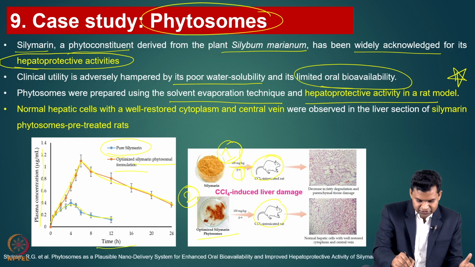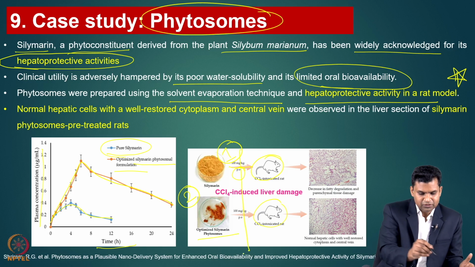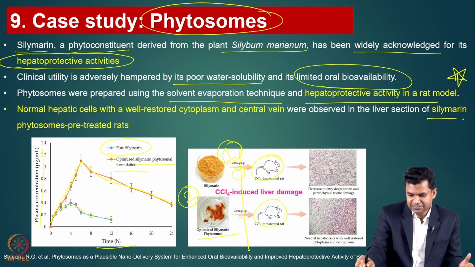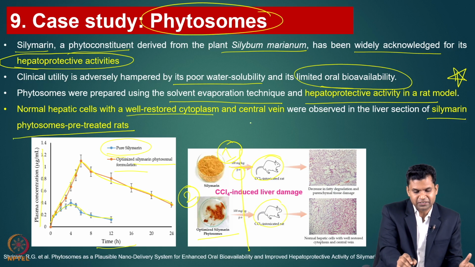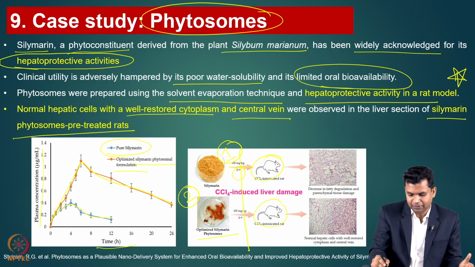After pre-treatment, you can read here that the silymarin phytosome pre-treated rats showed restoration of the cytoplasm and the central vein compared with the plain drug.